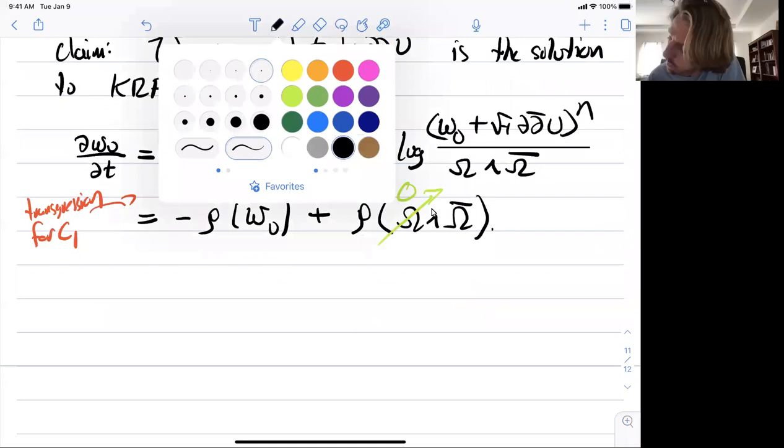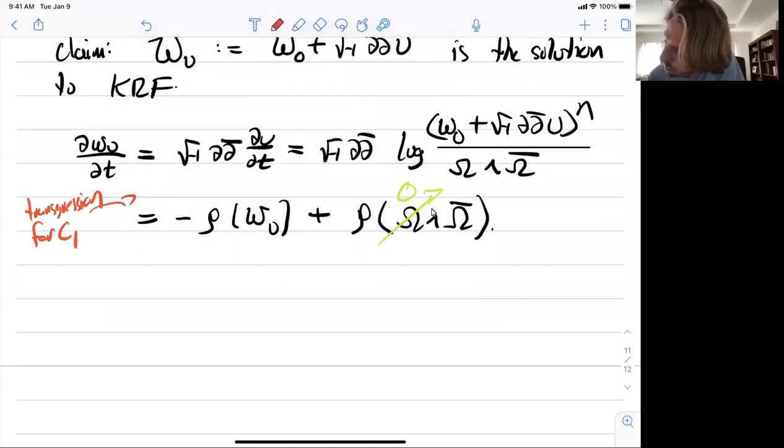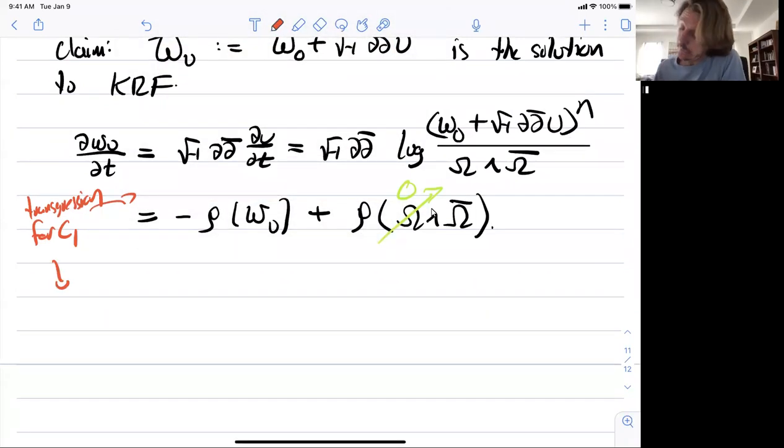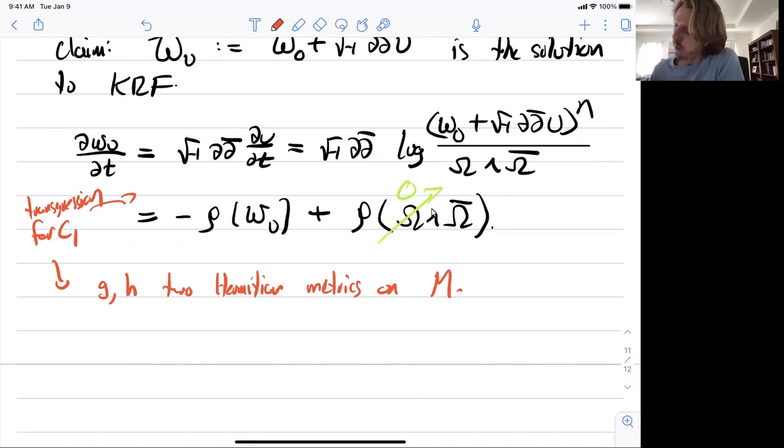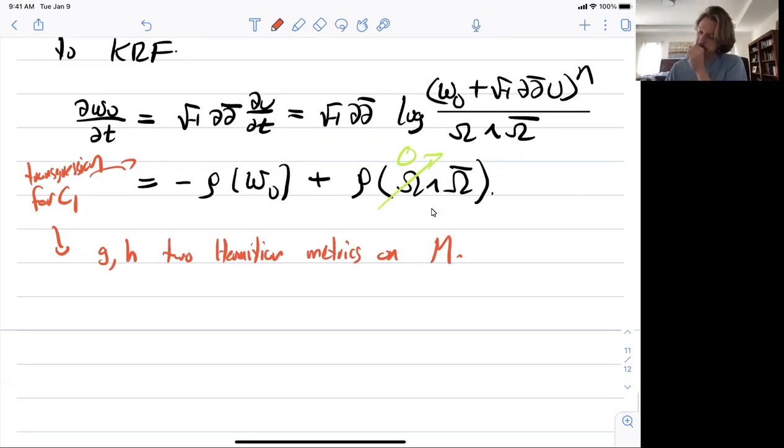We can make it very general. We can say G and H are two, even just Hermitian metrics on M, a complex manifold.